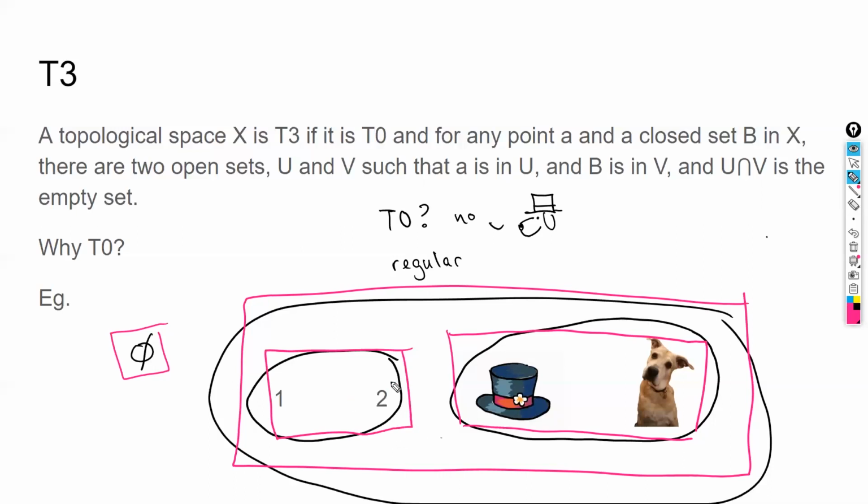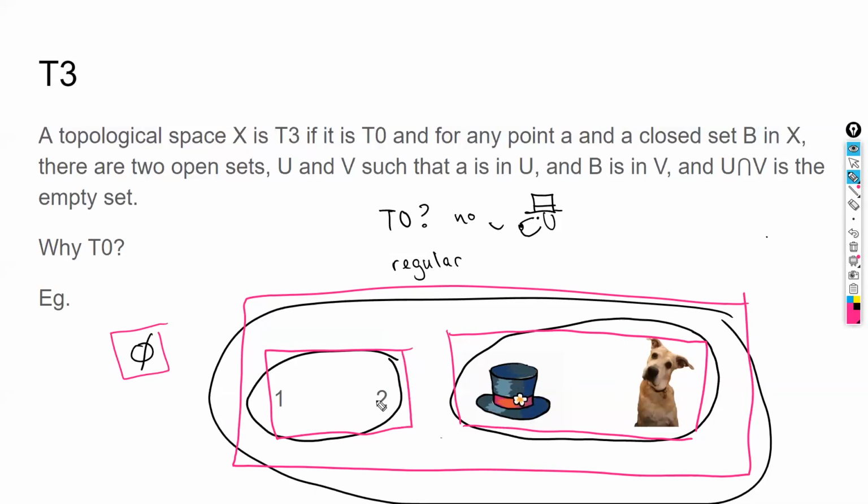So, taking a look at closed sets contained in X and points, I need to be able to separate those things using an open set. So let's take a look at the closed set 1, 2 and the point hat, for example. Well, hat is contained in the open set dog, hat, and 1, 2 is contained in the open set 1, 2. So hat and 1, 2 are separated.